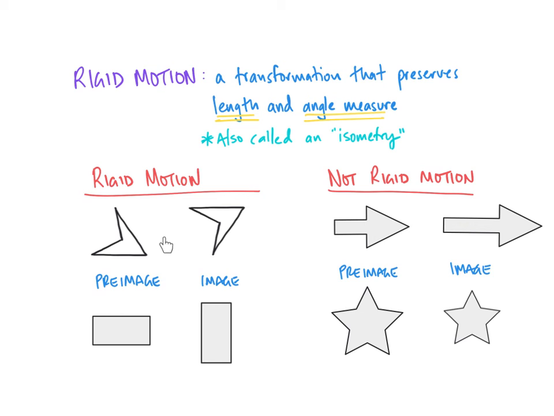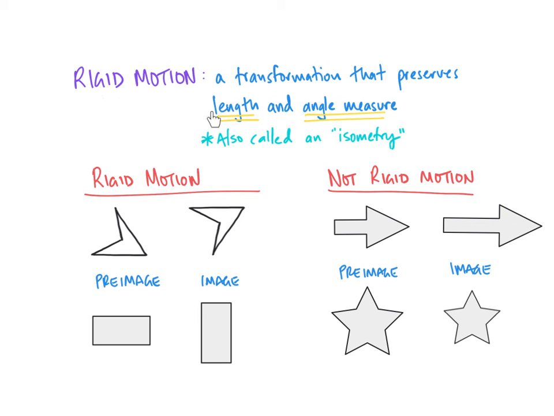Another, maybe more straightforward, way of thinking about what a rigid motion is: if after you do a transformation, that new shape is identical in size and shape to the original one, then you did a rigid motion, compared to what we have over here. In the first example here, I took the preimage of this arrow and I stretched it out in the image.